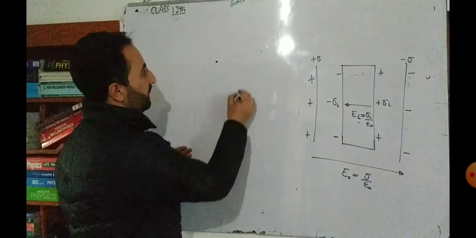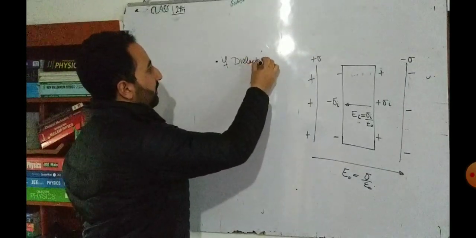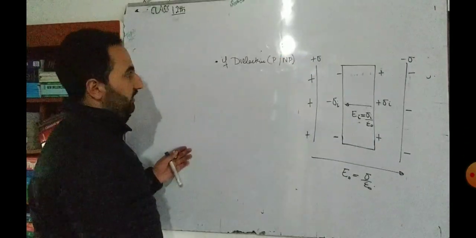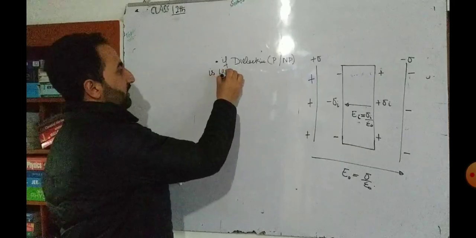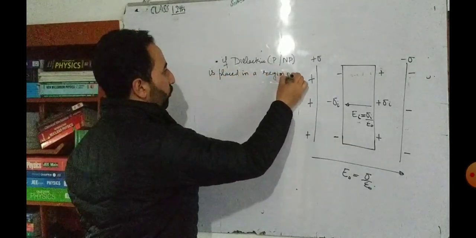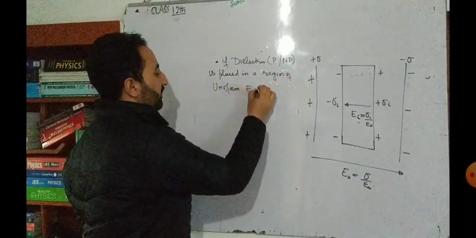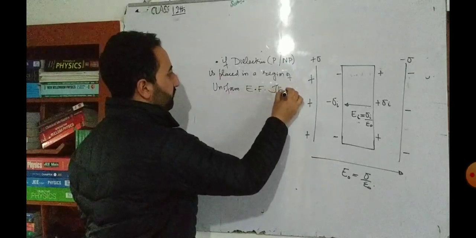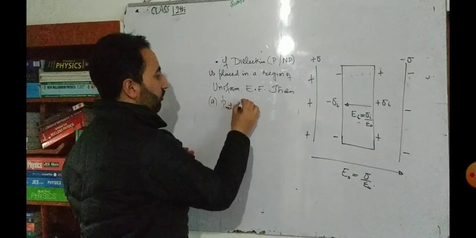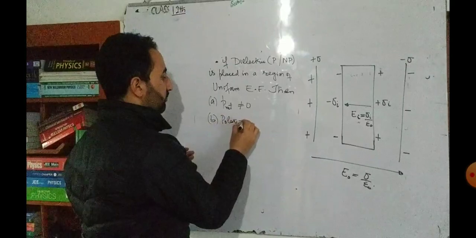The important point is this: if a dielectric, whether polar or non-polar, is placed in a region of uniform electric field, then point A is that the net dipole moment of the dielectric will not be equal to 0. Point B, polarization of the dielectric occurs.